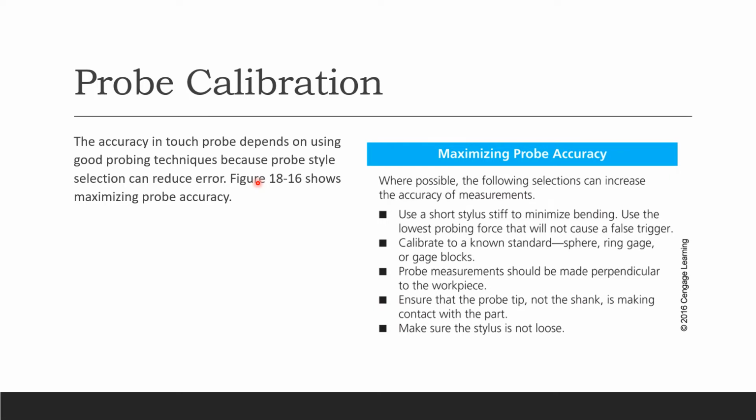Calibration. Every instrument we've got, we have to do calibration so that we know the instrument is definitely doing its job, which is measuring correctly. Before you do a measurement, you have to do a calibration to check, to clean, and to enhance the accuracy. The accuracy in a touch probe depends on using a good probing technique, so just be careful. Careful with the alignment, careful with the reference, because of probe style selection. If you are careful, you can reduce the error.